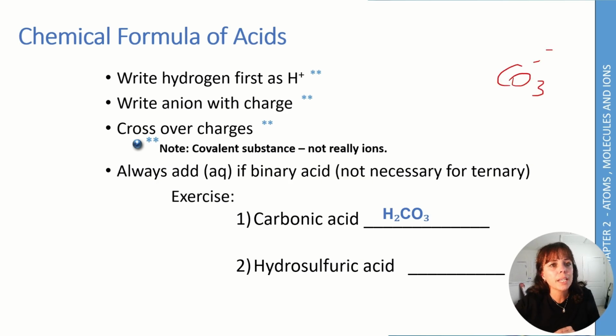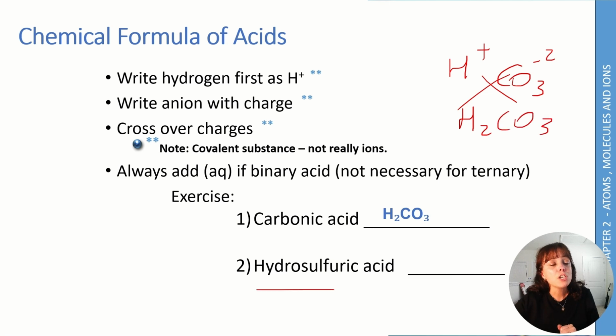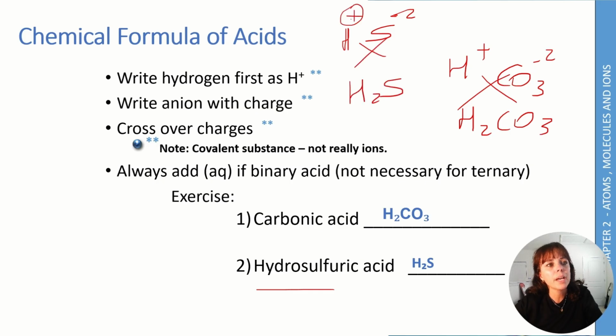Carbonate, the charge is -2 and the hydrogen is +1. So when you cross, you have H2CO3, carbonic acid. Okay? Hydrosulfuric acid. So we have the sulfur, which is -2, and we have a +1. So when you cross, you have H2S.